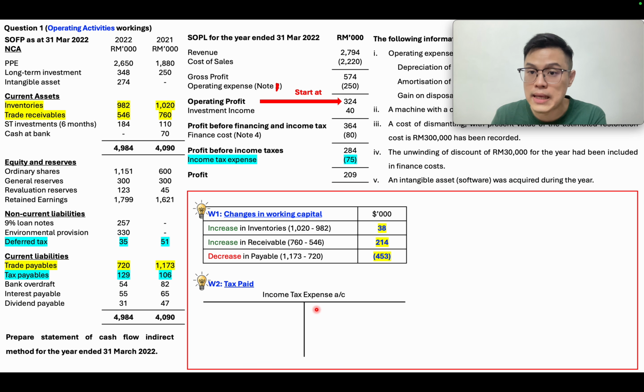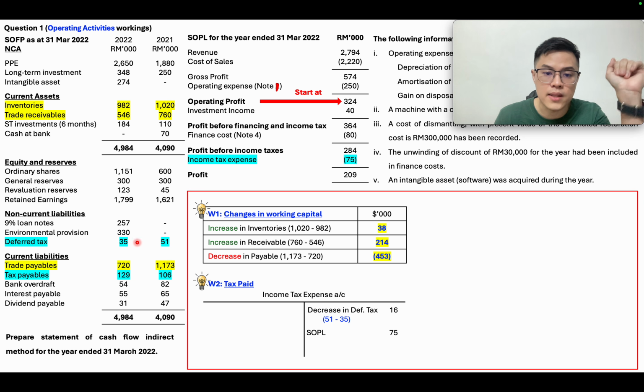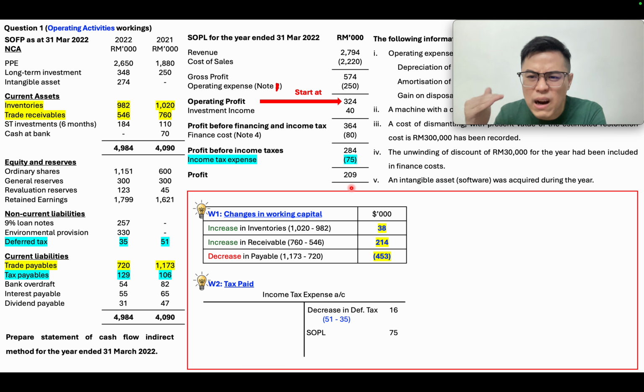So let's calculate our income tax account first. We know that our SOPL income tax is 75. If you look at your deferred tax, it is reduced, so we will debit our deferred tax liability and credit income tax expense. Therefore, 16,000 has been booked in income tax expense to reduce the current year expense. We need to find our original position before we minus this reduction in deferred tax.